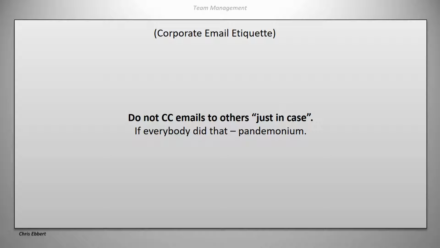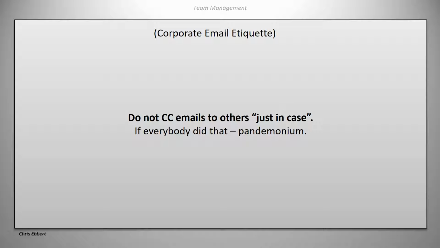One big mistake that some people are making is that they're CCing in other people too much. Now, clearly, it is a good idea to do that sometimes when certain people also should know something. But there are people out there who will CC absolutely everybody they can even imagine just in case. This is absolute pandemonium. If you do that, then you have people beginning to chip into the situation, and it can escalate very quickly.